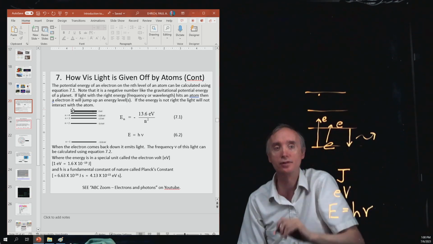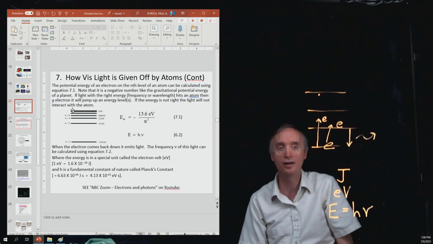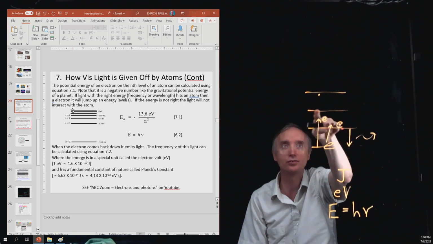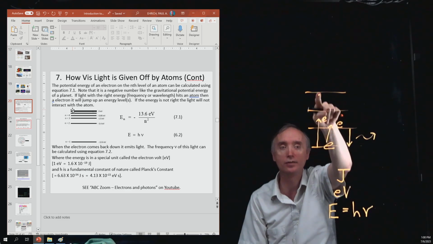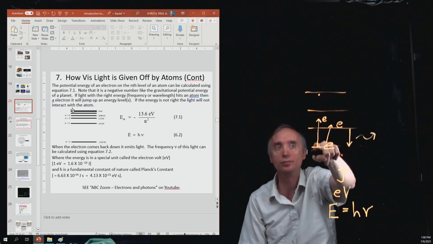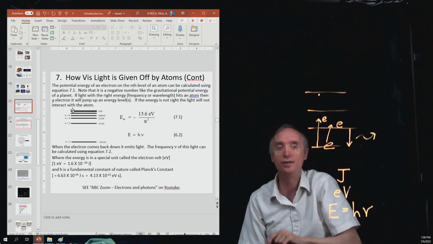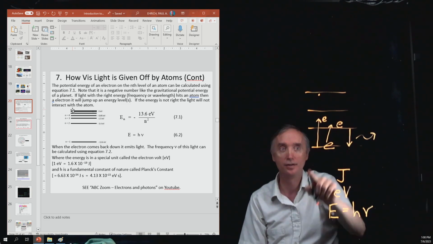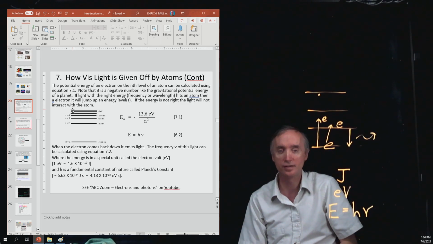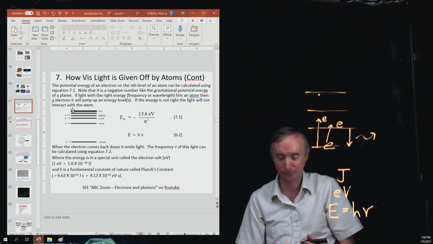You see how close it is to that line? But it's not there. It has to be exactly on one of these energy levels in order to make the jump. If it only has enough energy to get in between the lines, nothing happens. The electron will stay right where it's at. Sounds like a test question, doesn't it?